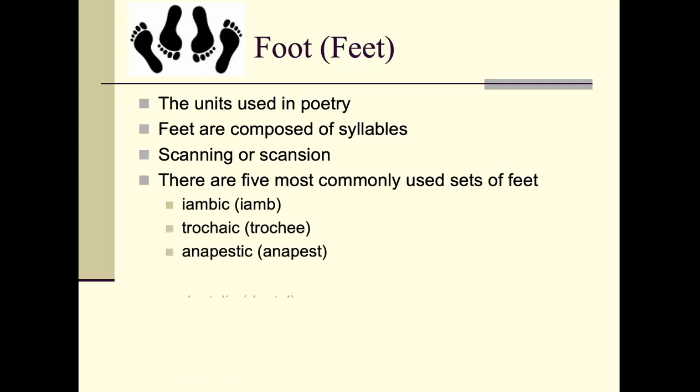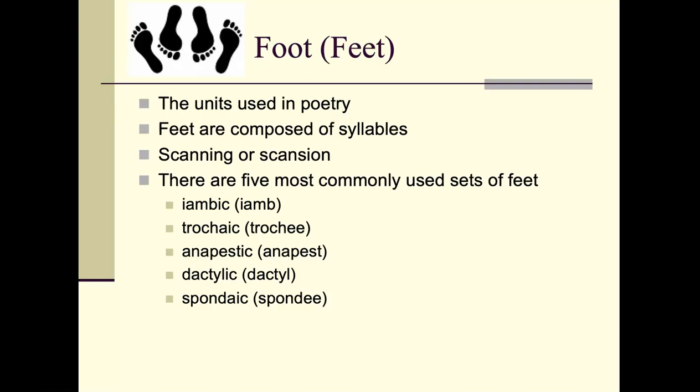Now, there are 5 most commonly used sets of feet. You've got the iamb, that is unstressed, stressed, such as in the words afraid, the sky. You've got trochaic or trochee, which would be stressed and then unstressed, such as with the word freedom.